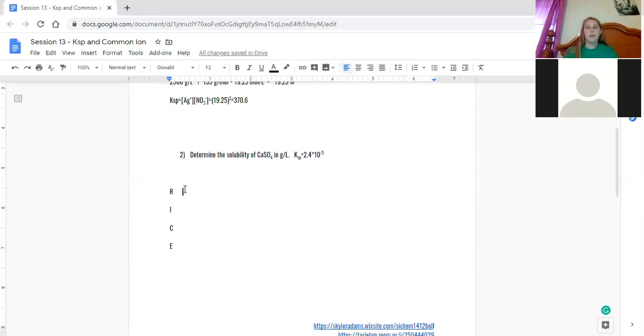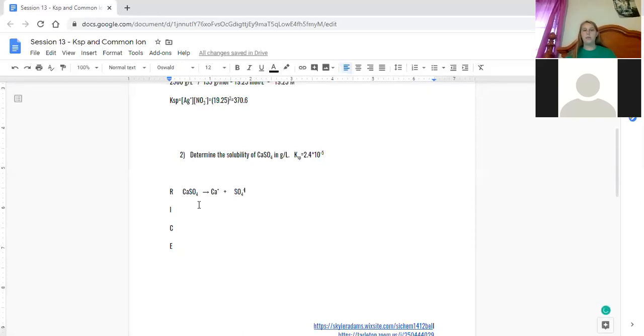Just like before, it dissociates, and you have your CaSO4, and that goes to, it's really a double-sided arrow like before, but those are hard to put on here, your Ca plus and also your SO4 minus.